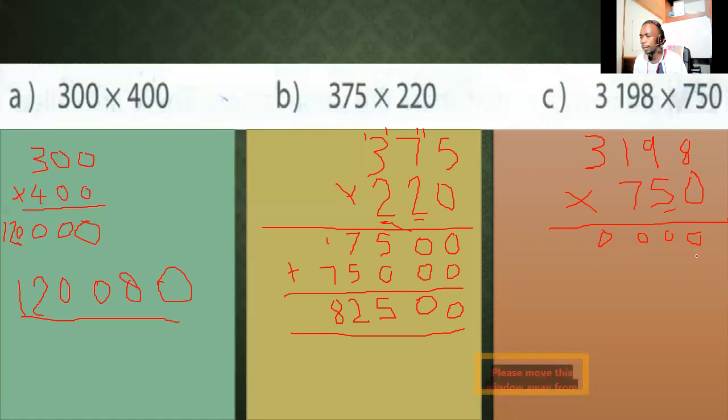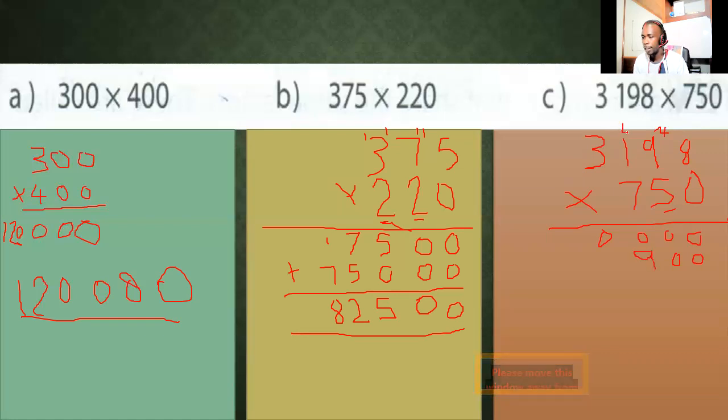Now let's use 5, which is tens. So we put a 0 as a placeholder because we are now multiplying with tens. 5 times 8, it's 40. We put a 0 here. Carry 4. 5 times 9, 45. Plus 4, 49. We put 9 here.